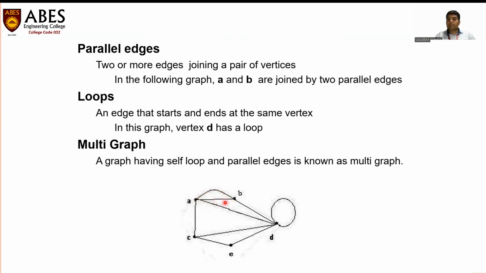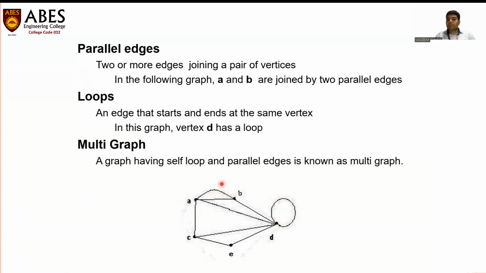So these are parallel edges because they have two common vertices. Loop: a loop starts and ends with the same vertex. So here on the vertex D, this edge is showing a loop. We will also call it a self loop.